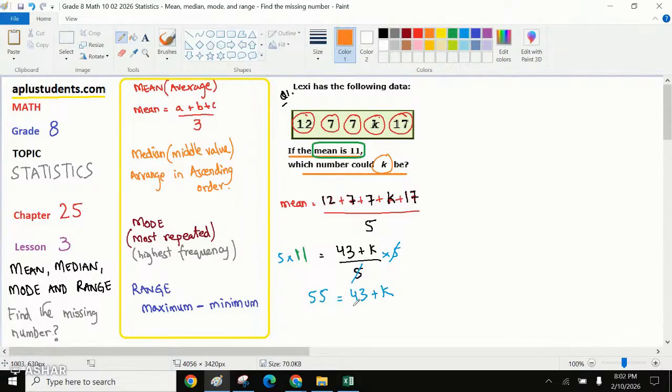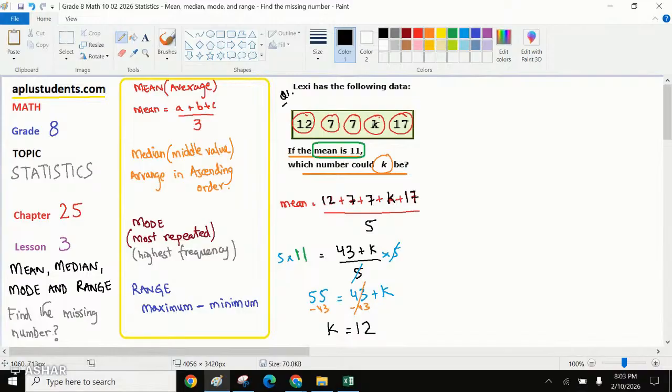We subtract 43 on either side and k comes out to be 12. 55 minus 43 would be 12. Agreed? So in the given question, the mean was given to us. We added the numbers together, and their mean should be 11 because it's given in the question. We simplify the equation and we find the possible value of k.